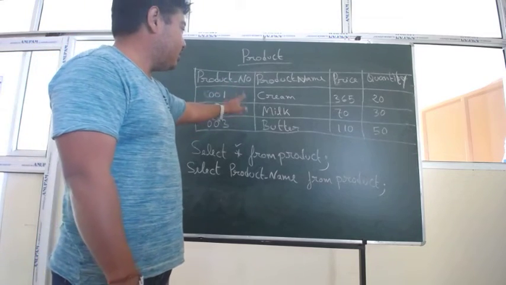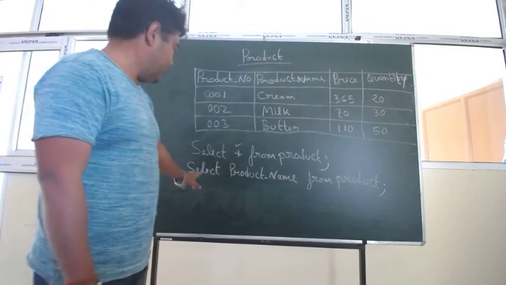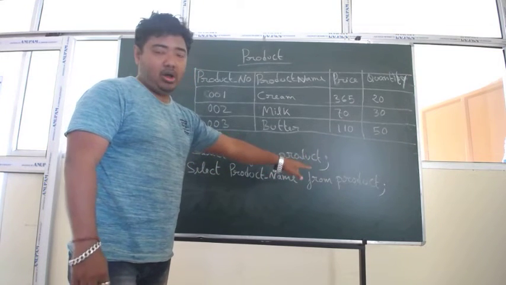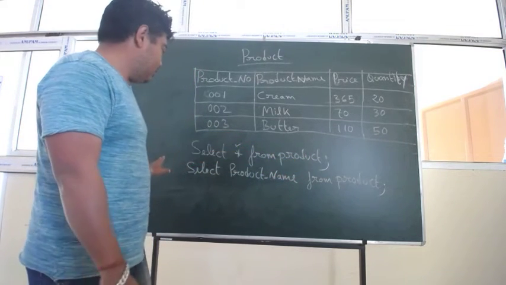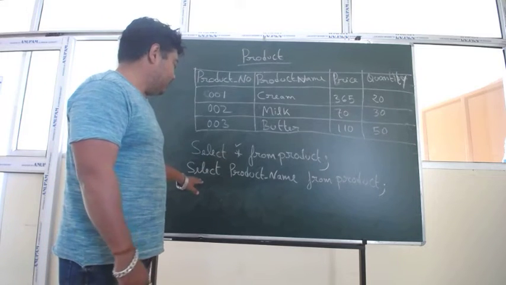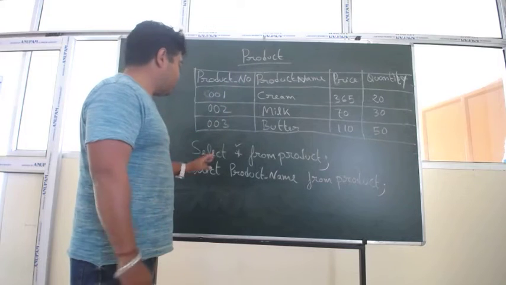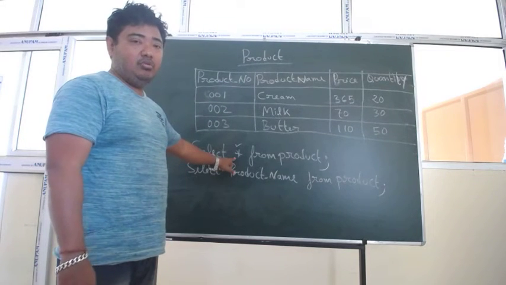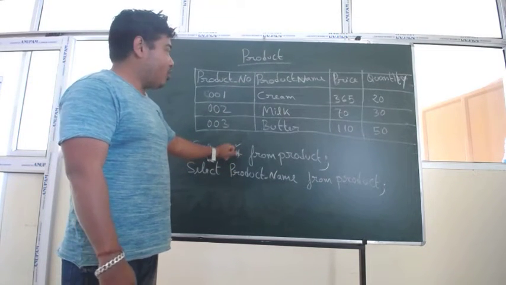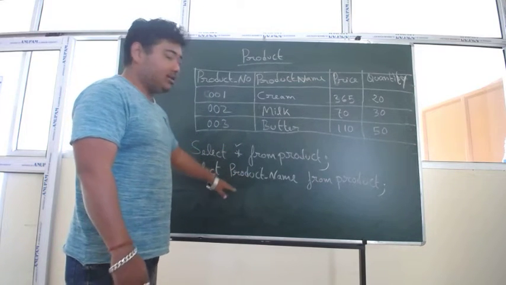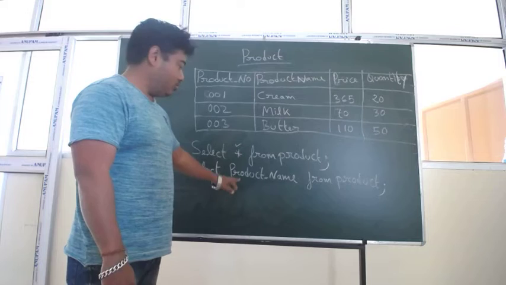So only the product name I want. So what I have written: select product name from product. I think it is clear. So like this you can retrieve either all the records of the table, which I did using the star, or you can see selected columns or fields also.